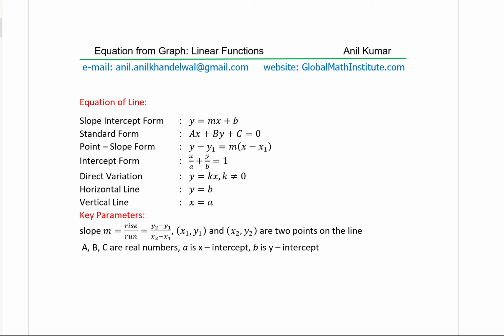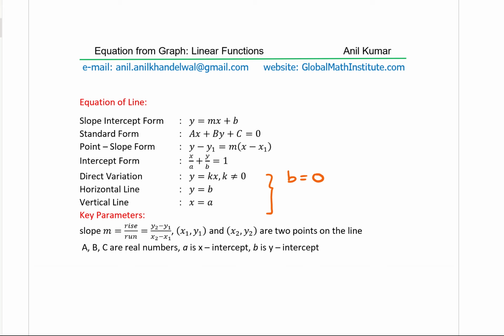Now, these are special cases. So we have some special cases mentioned here, which will be these three conditions. Direct variation is the case when the y-intercept b is equal to 0, then the line goes through the origin.